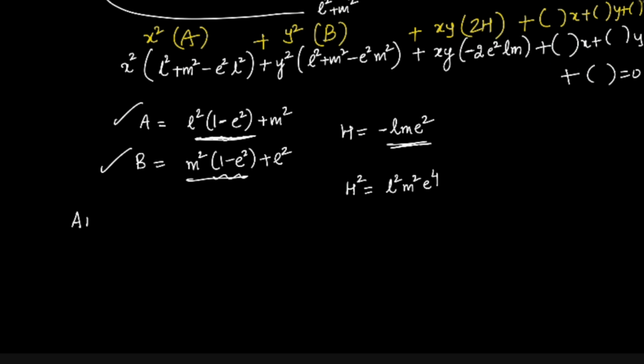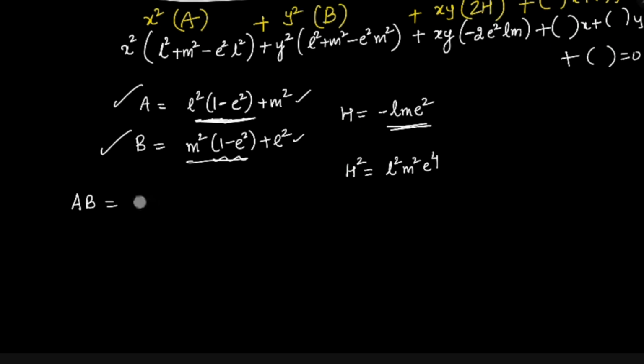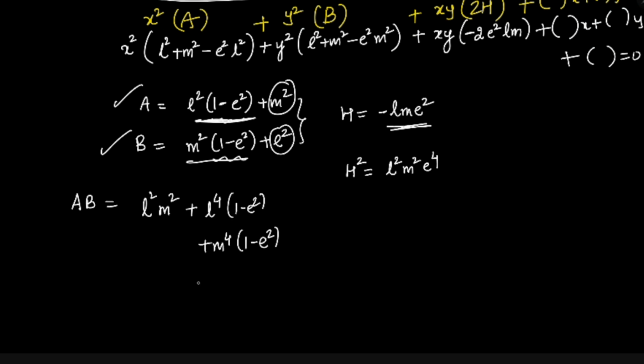What is a into b? If I multiply these two, definitely I am getting L square m square. These two terms get multiplied, and I am getting L power 4 into 1 minus e square plus m power 4 into 1 minus e square, and I am getting L square m square into (1 minus e square) power 4.